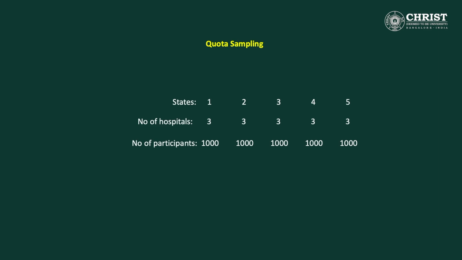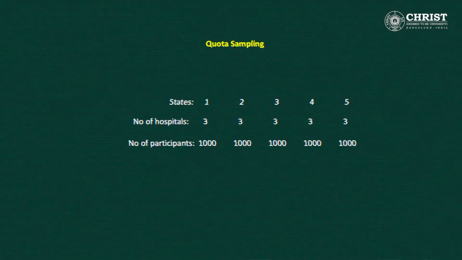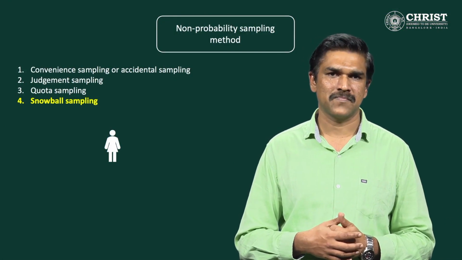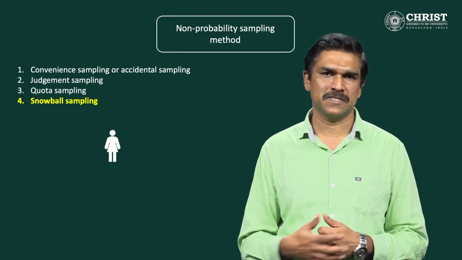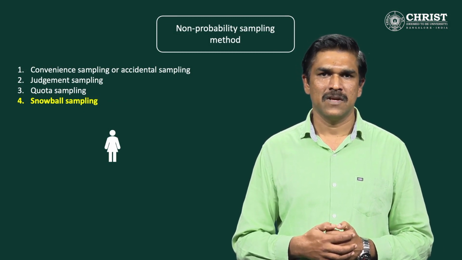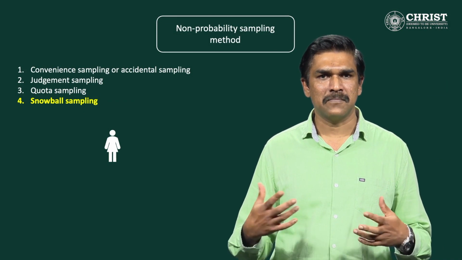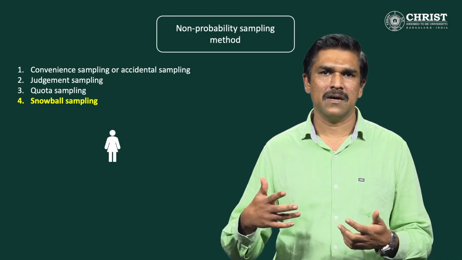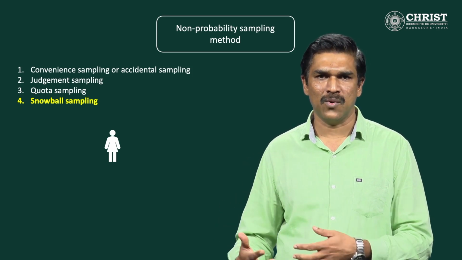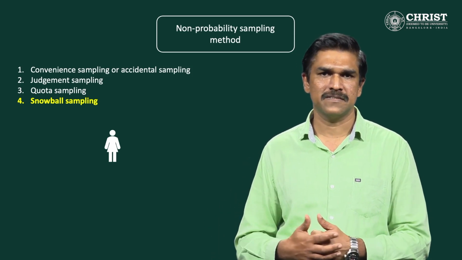Another interesting non-probability sampling method is snowball sampling. We will use this if we do not have access to potential participants. For instance, we need a sample of HIV positive patients. We will first approach the person whom we know as an HIV positive patient.